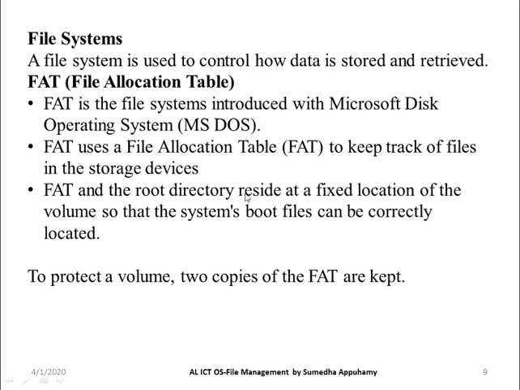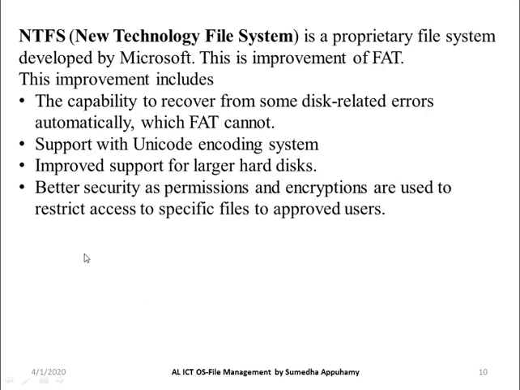FAT and root directory reside at the fixed location of the volume, so that the system boot files can be correctly located. Then quickly the read write head can move to that location, access that file and send it to the main memory.